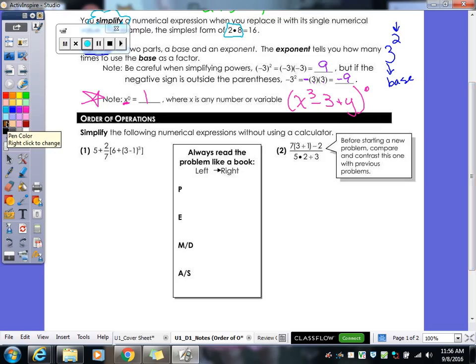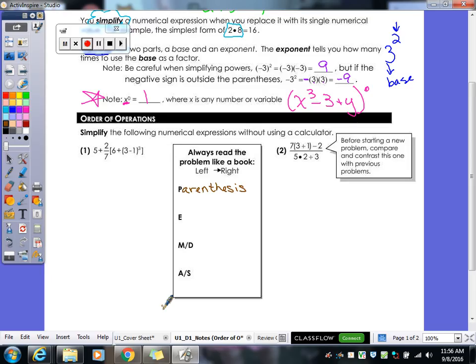So who remembers order of operations? Athena. Perfect. So our P is our parentheses. Now the thing with parentheses is there's a lot of different actual symbols that fall under the parentheses category.